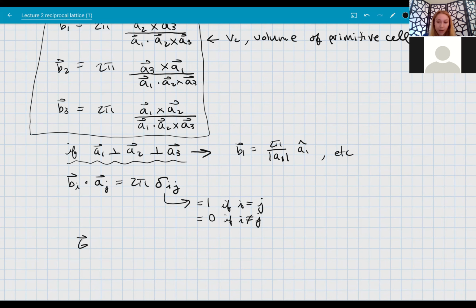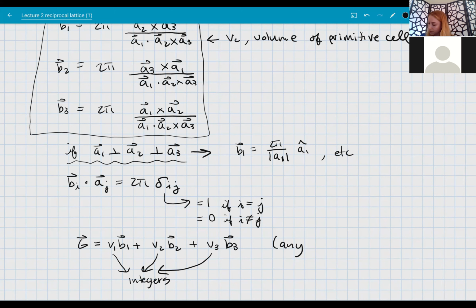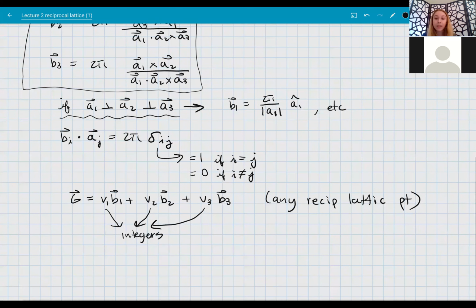Any reciprocal lattice vector can be written as v1 times b1 plus v2 times b2 plus v3 times b3, where v1, v2, and v3 are all integers. Any generic reciprocal lattice point will be described using the notation G.